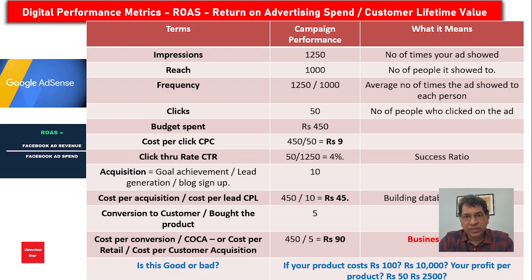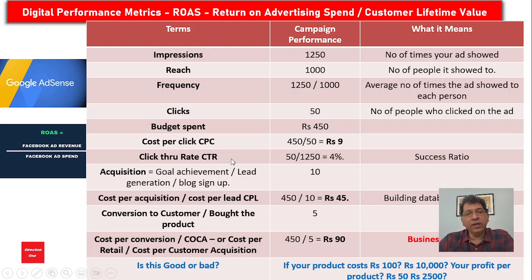Because I specified this as a budget, and once you specify this, when we see the campaign creation piece a little later in the module, you will look at a place where you can enter the budget that you want to spend. If you enter 450 rupees, that is exactly what will get spent, maybe 10% more here and there. But if you run a campaign for, let's say, 450 rupees for 10 days, exactly 4500 or so is what gets spent. The platforms are pretty particular about all that.